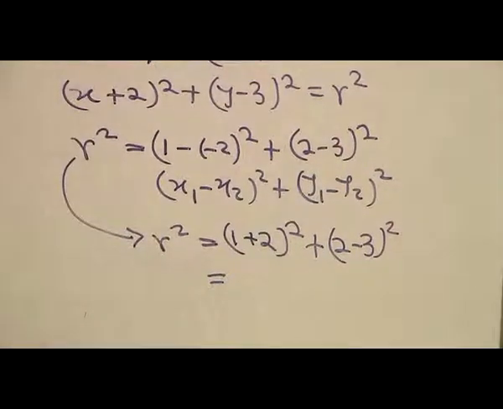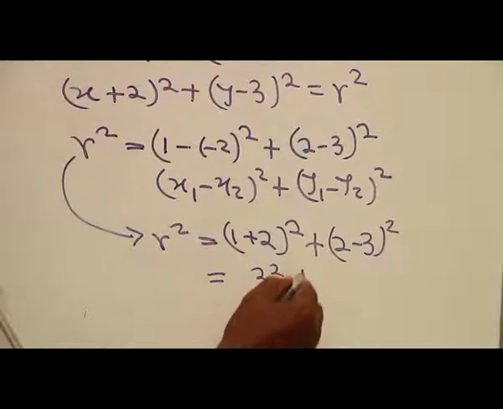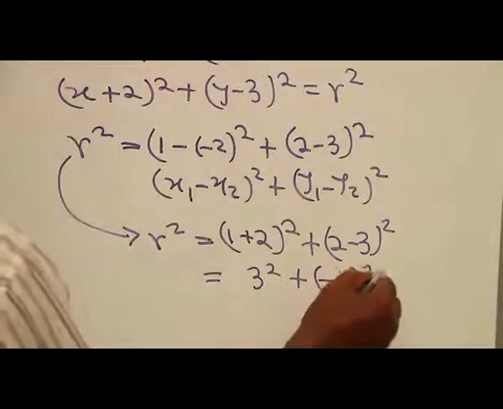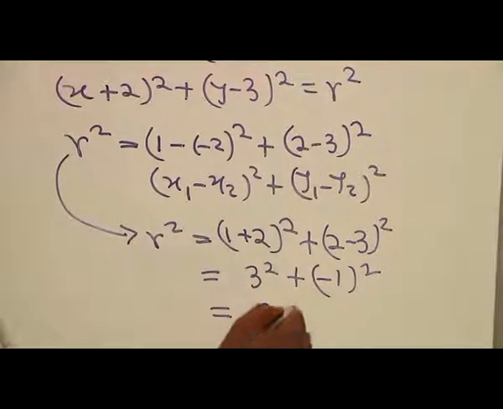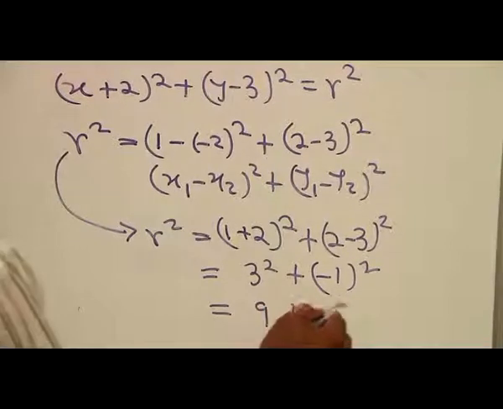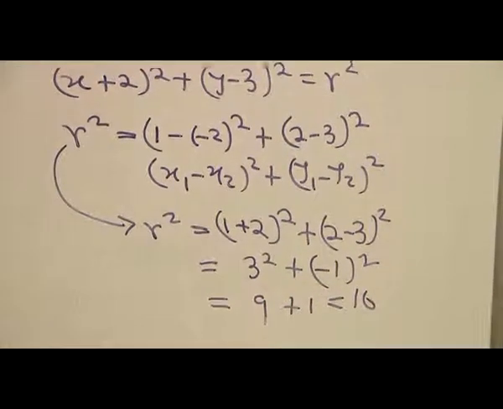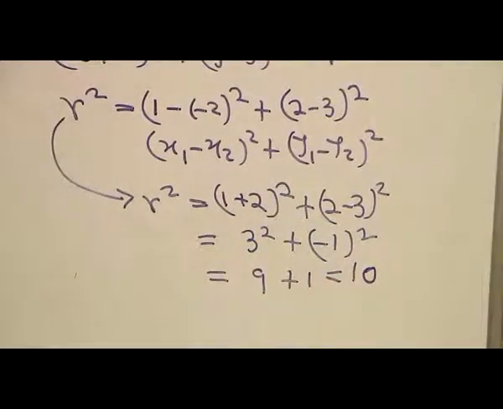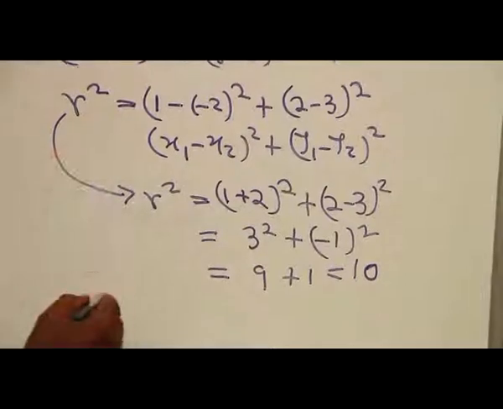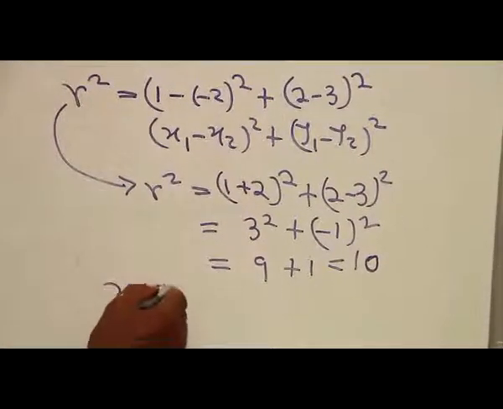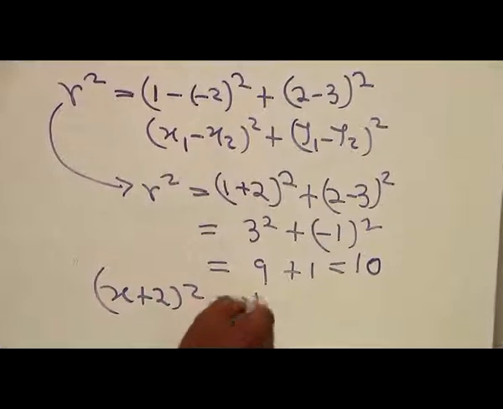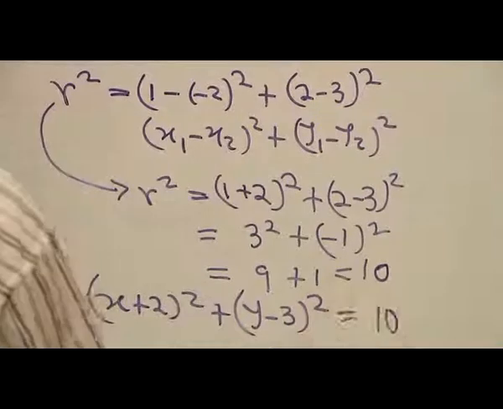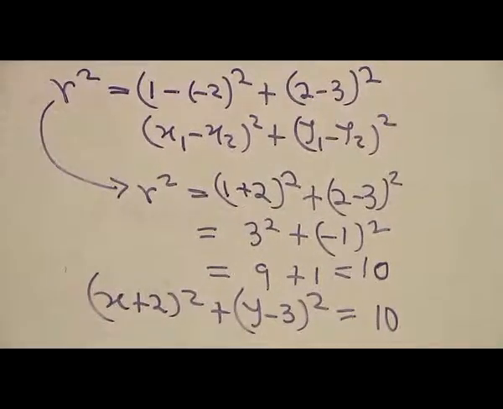This, by simplification, will give us 3 squared, and then this is minus 1 squared, and this will give you 9. Minus 1 squared is 1, and the value is equal to 10. So we can now write down the equation and say that x plus 2 squared plus y minus 3 squared is now equal to our 10, because r squared is equal to 10.